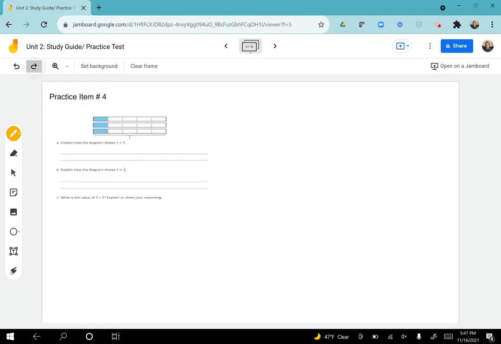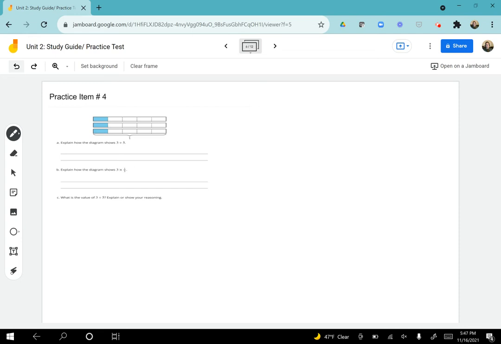Oh, I'm sorry about that. And then each of those wholes has been partitioned into 5 equal pieces. So that shows 3 divided by 5.